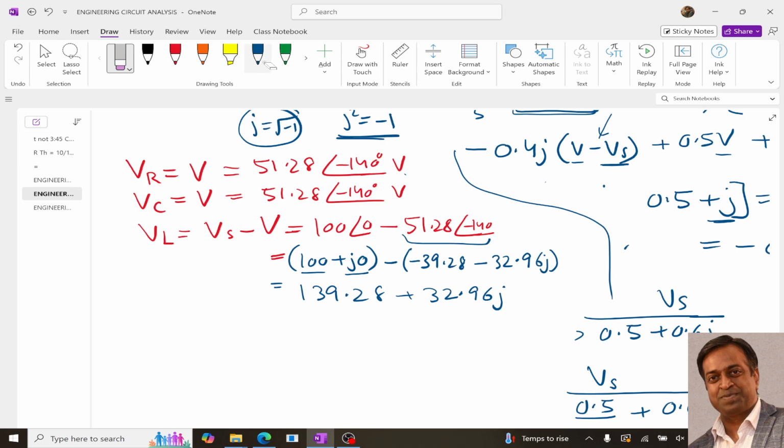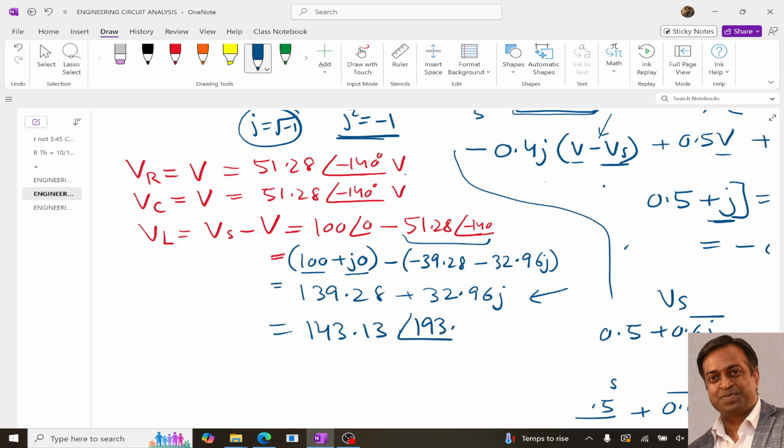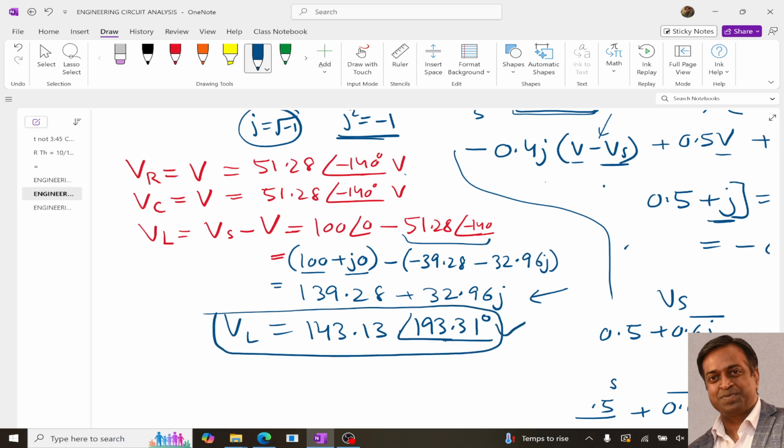Once we get this expression, this complex number can be converted into polar form, and you will get 143.13 with angle 193.31 degree. So this is our VL in polar form. Unit is volts.